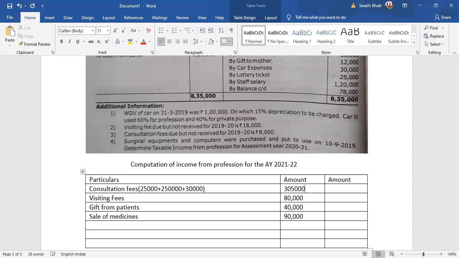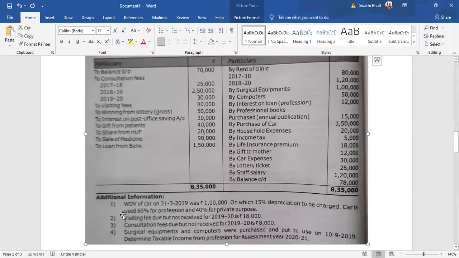And the last item that we have is about the loan. You can see there is a loan from bank, and the amount is 1,50,000. Whatever loan you receive, it's a capital receipt. Any capital receipt or capital expenditure, we are not recording over here.